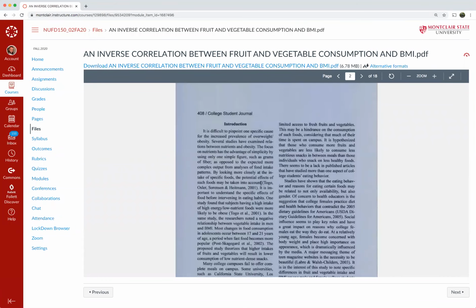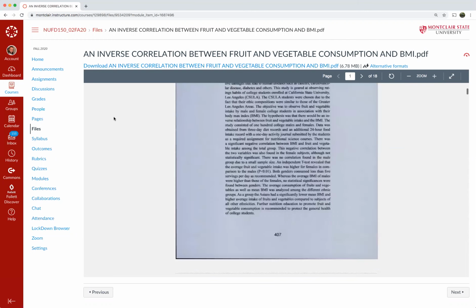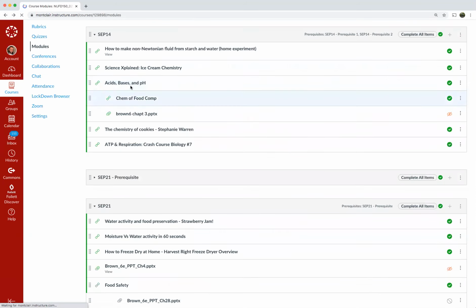All right, this one actually has the names and years, but what I want to see is where this would say something like Togo, Ulcer, Sorensen, and Heitman 2001, you would just put number 1. And here would be number 2, number 3. Let me see if there's one that actually does it that way.